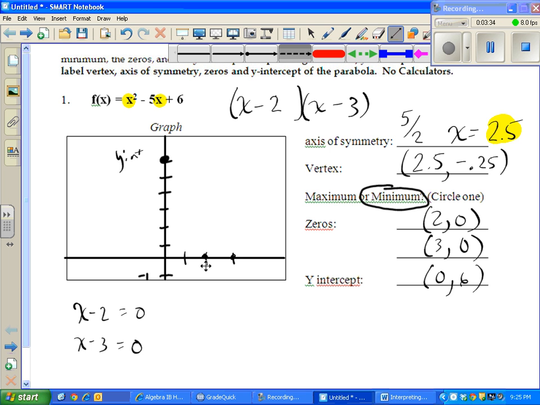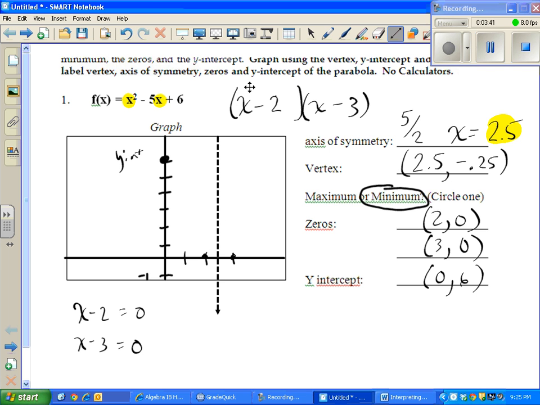So where is the axis of symmetry? It's right here at 2.5. So we're going to draw 2.5 straight in there, maybe move it over just slightly, right in the middle there. And we're going to label that as the axis of symmetry. So just off to the side, AOS, axis of symmetry.